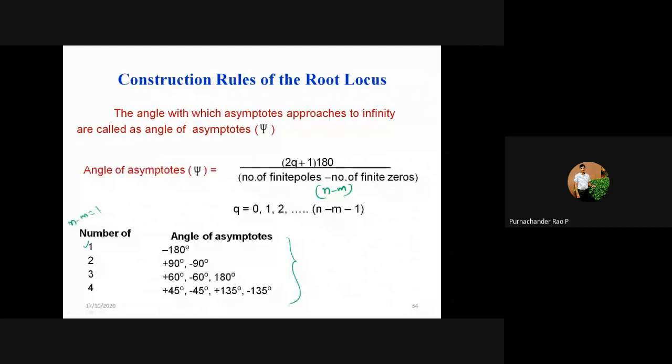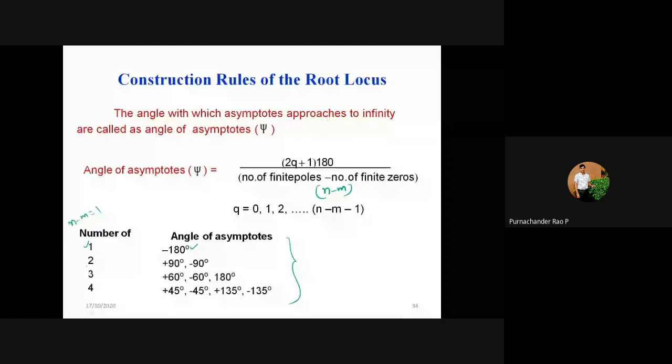If two branches are terminating at infinity, so n minus m is 2, then they will terminate with angles of plus or minus 90 degrees. If n minus m is equal to 3, then the angles are plus 60, minus 60, and 180 degrees.